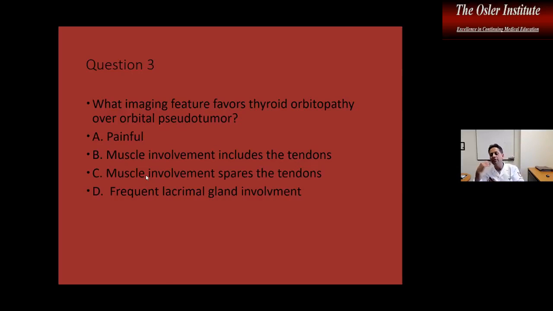So involving the tendon, I would think pseudotumor. I could also think lymphoma. Sparing is specific more for thyroid eye disease. Of course, frequent lacrimal gland involvement is, so in thyroid eye disease, your lacrimal gland is not going to be involved, but they often do have somewhat larger lacrimal glands, and they also have more SOOF and ROOF. So SOOF is suborbicularis oculi fat, and ROOF is retroorbicularis oculi fat.